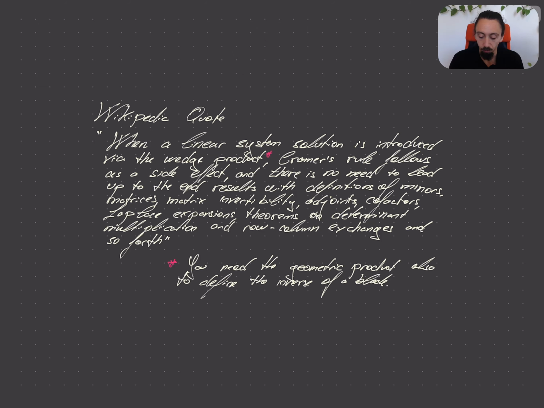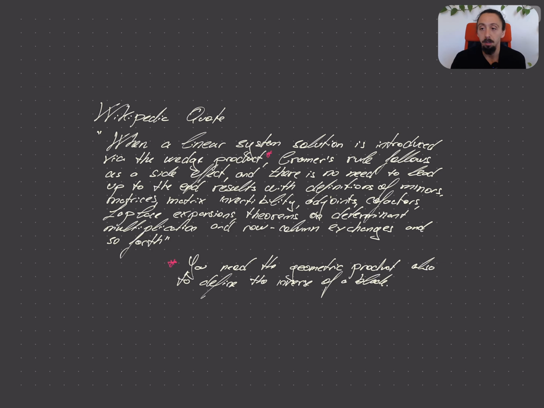Cramer's rule follows as a side effect, and there is no need to lead up to the end results with definition of minors, matrices, matrix invertibility, adjoints, cofactor, Laplace expansion, theorems of determinants, multiplications, and row-column exchanges, and so forth.